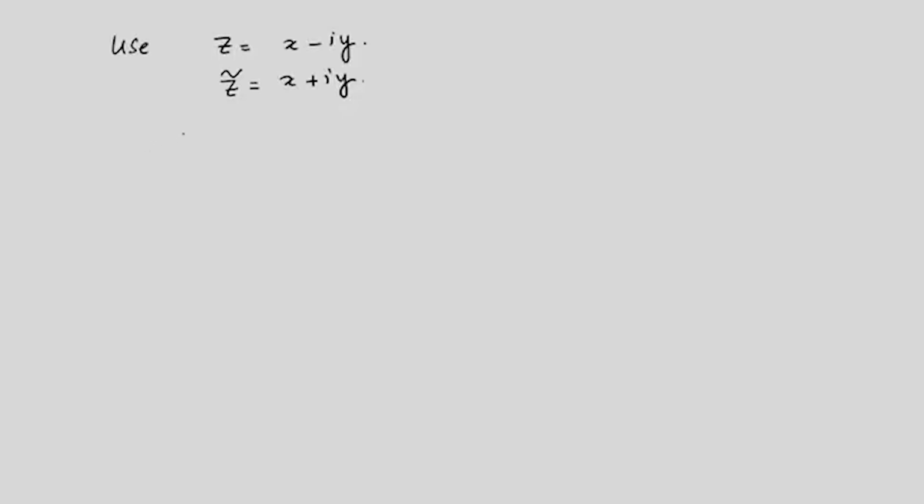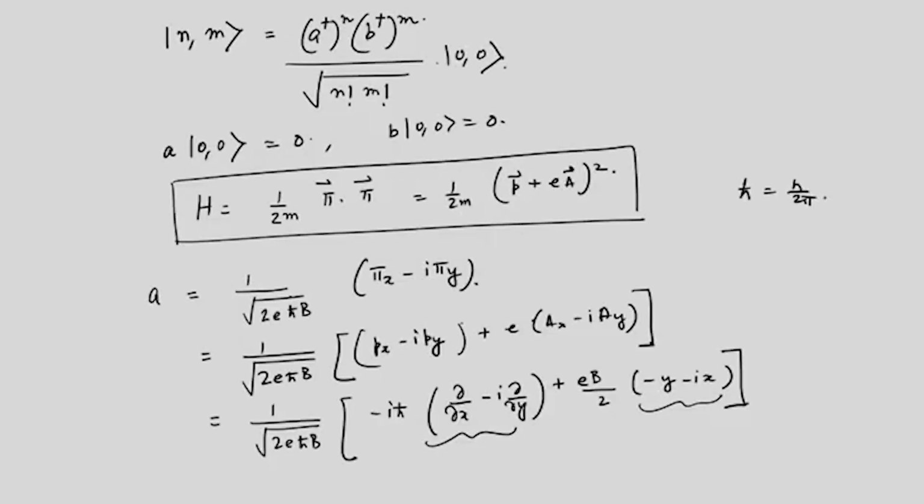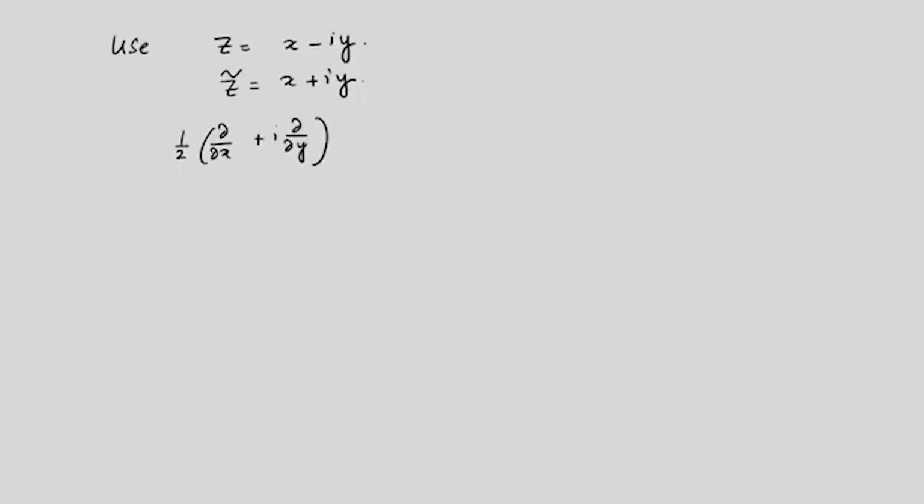We are doing it for a purpose. Let us also define a shorthand notation, half of ∂/∂x plus i ∂/∂y, which appears here, and we write this as delta.